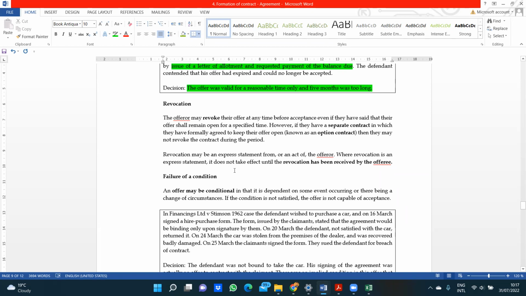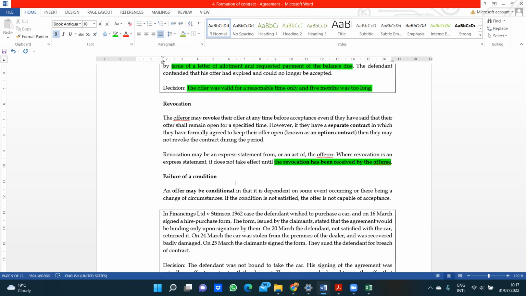Revocation may be by express statement, or by act of the offerer. Where revocation is an express statement, it does not take effect until the revocation has been received by the offeree. So an offer can be revoked at any time before acceptance. Even if they say it is open for a specified period of time, they can revoke the offer within that period.